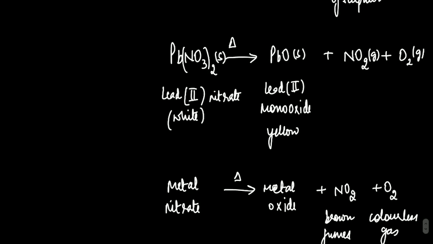Now we need to balance this. We can do it in the fractional way also. If we want, we can do it in the whole number coefficient system also. So we can do it in both ways.